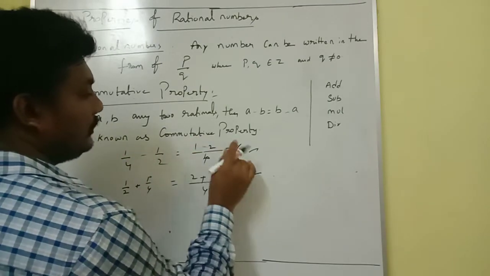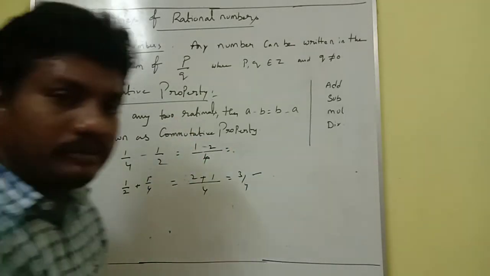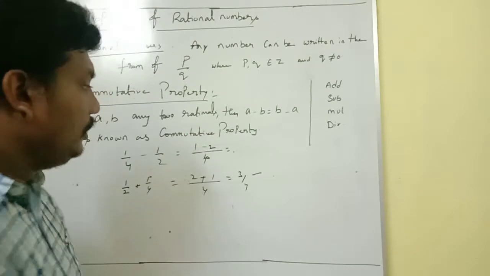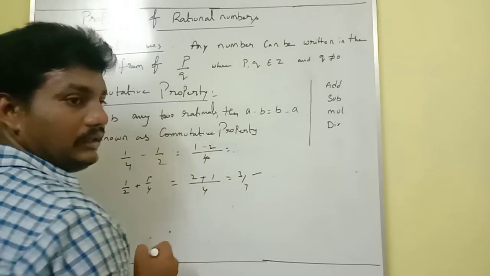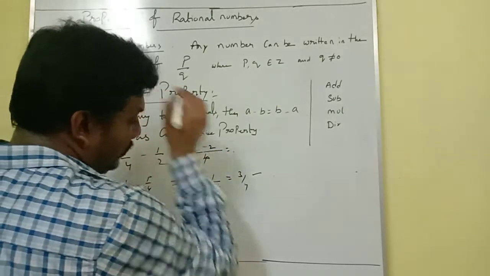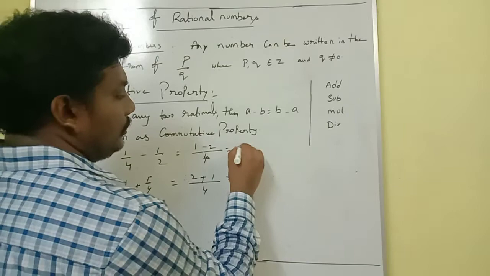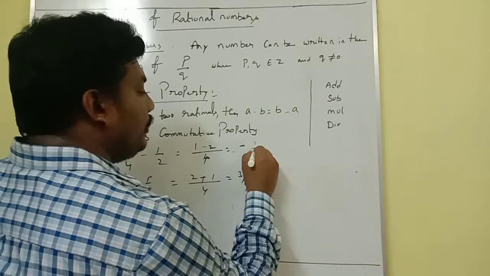This is 1 minus 2. Is it possible? Yes, it is possible. But here the greater magnitude has the negative symbol. That's the reason why we get negative here.